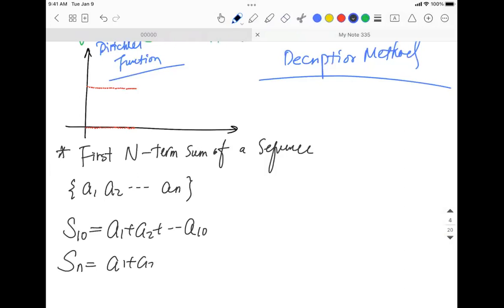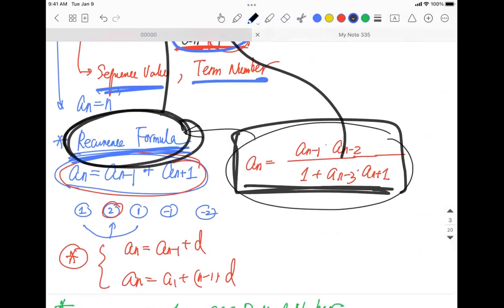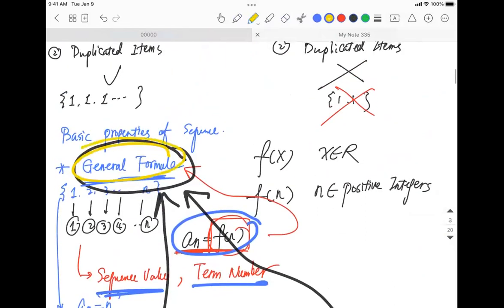So we would be able to determine a sequence's first n-term sum using the basic properties of a sequence. What are the basic properties? We just mentioned two, right? Either we use the recurrence formula, or we can use the general formula.